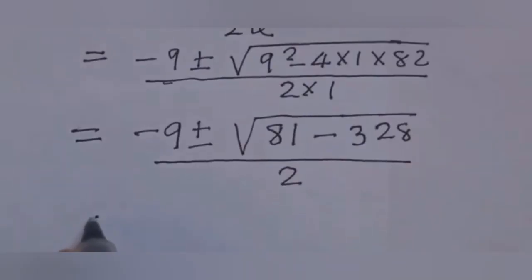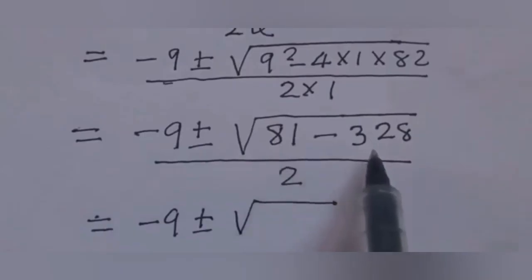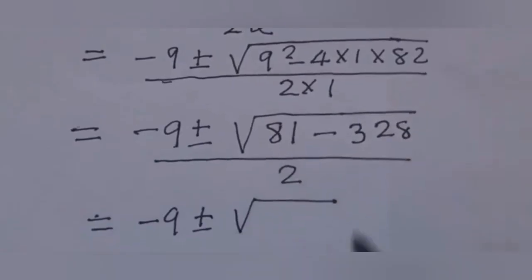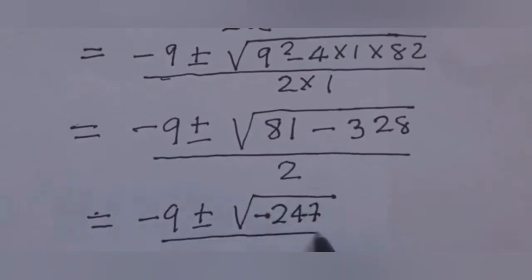So we have negative 9 plus or minus under root 81 minus 328. This is equals to negative 247 over 2.